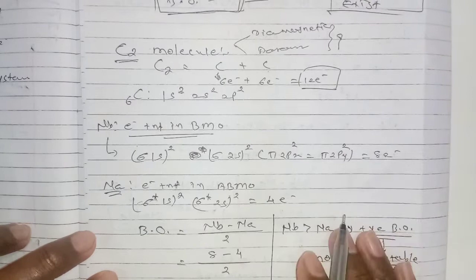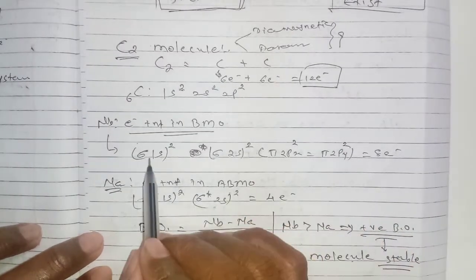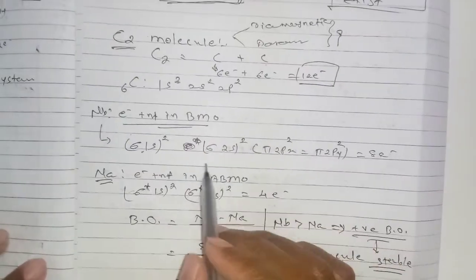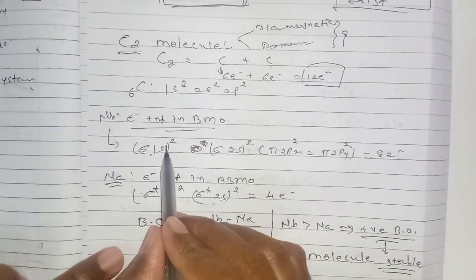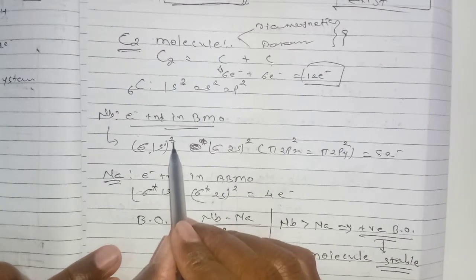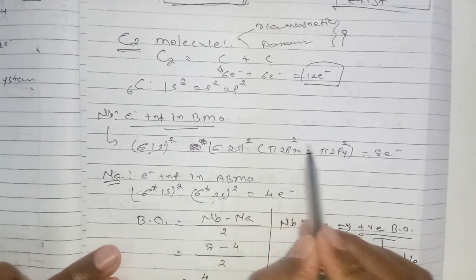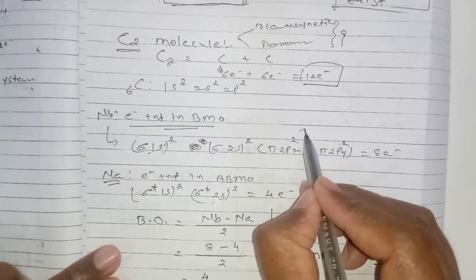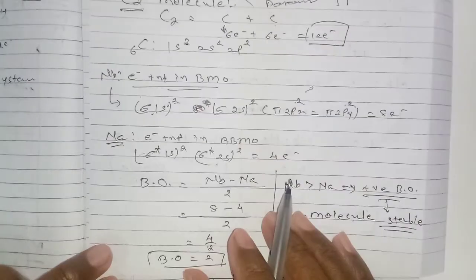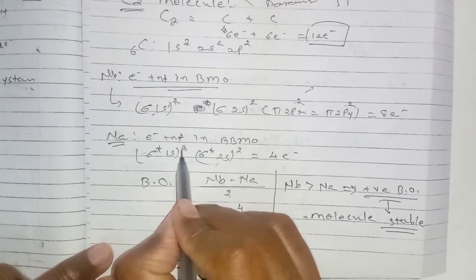How can we say? In the bonding molecular orbitals there are two electrons, that means they have paired electrons.